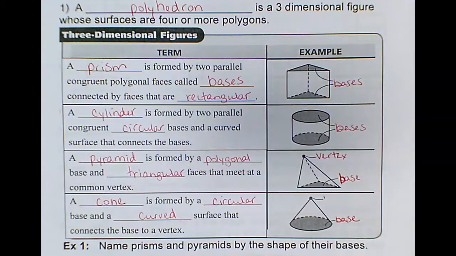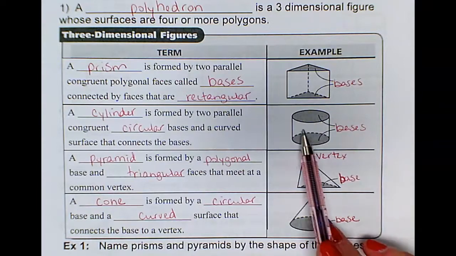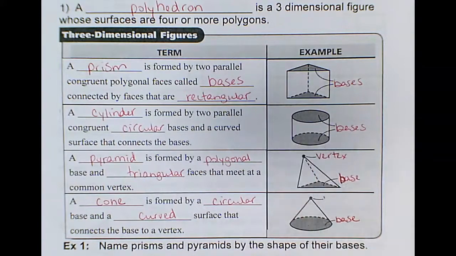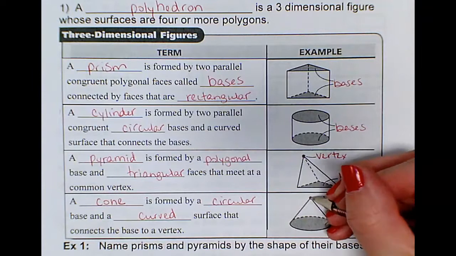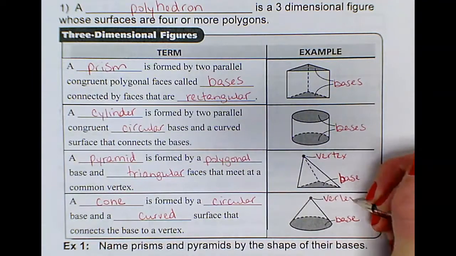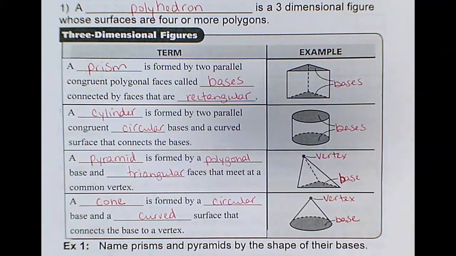So that curved smooth surface is really closely related to that smooth surface that you see that's curved around a cylinder. So that's this right here. It's not made up of flat faces, and it converges up here to a vertex. So that's the vertex of the cone. So these are the official definitions and descriptions of prisms, cylinders, pyramids, and cones.